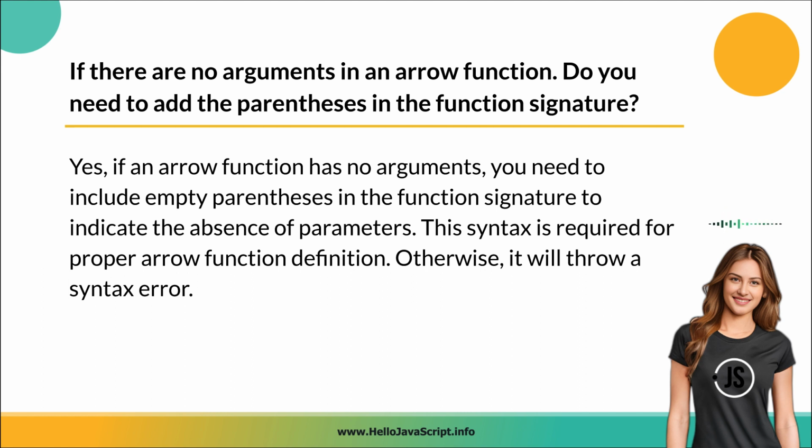Yes, if an arrow function has no arguments, you need to include empty parentheses in the function signature to indicate the absence of parameters. This syntax is required for proper arrow function definition. Otherwise, it will throw a syntax error.